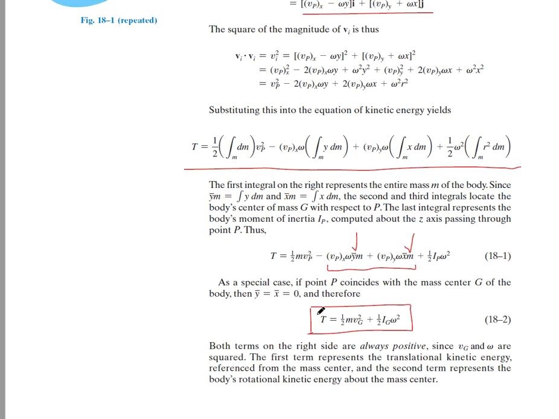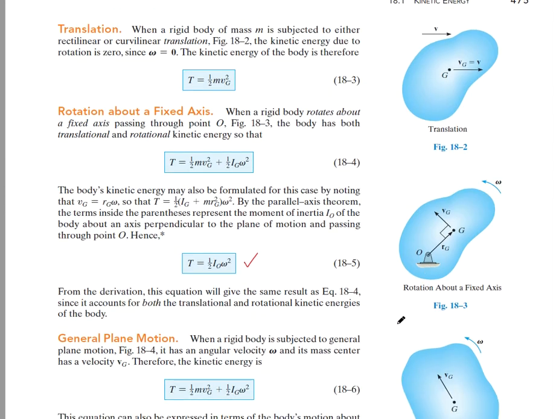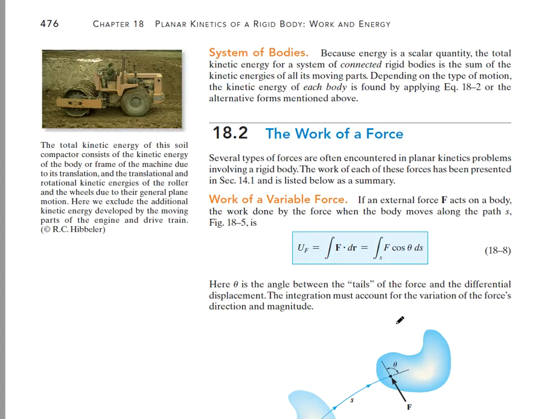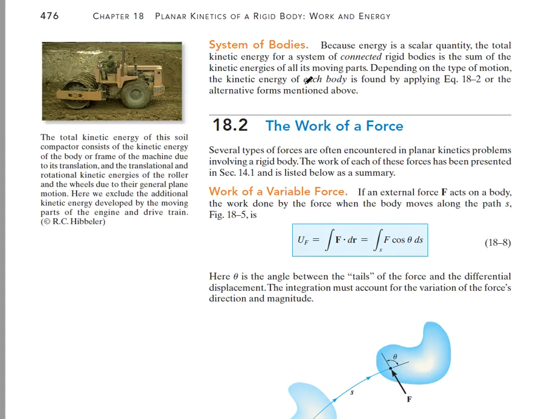If we make P the instant center of the body, the center of zero velocity, then the velocity of the instant center is 0, so whether squared or not, it's 0, and we're left with just this part. Of course we can have systems of interconnected bodies, and it will be the kinetic energy of the component bodies that may occur in problems, and we can use them as such.